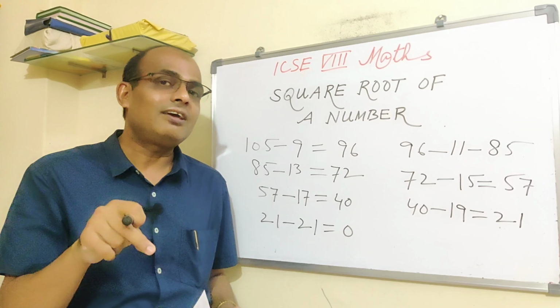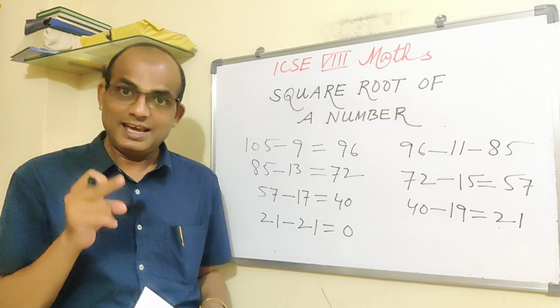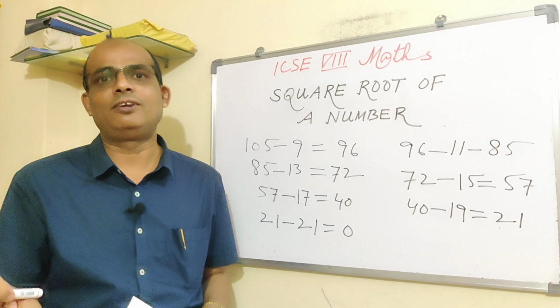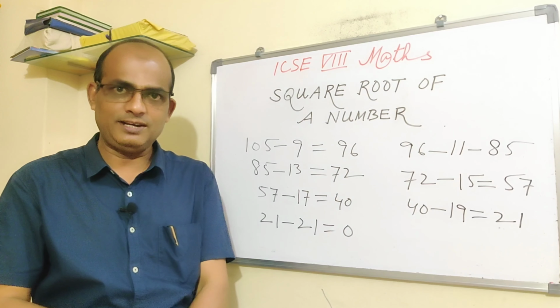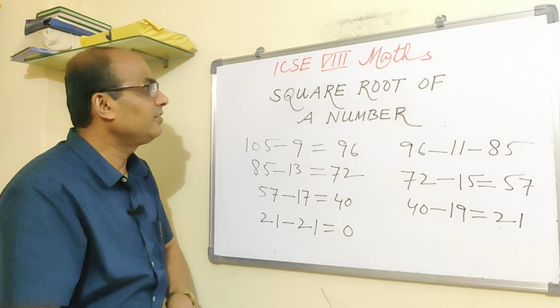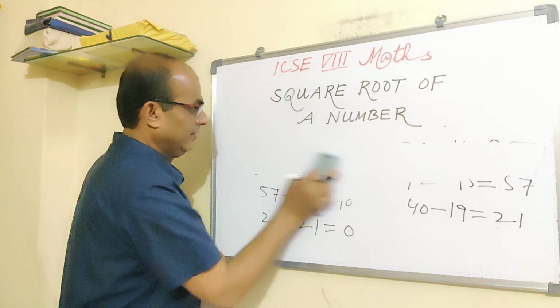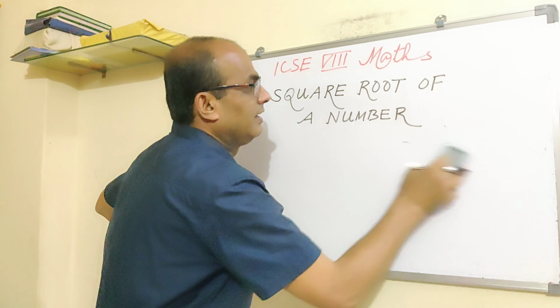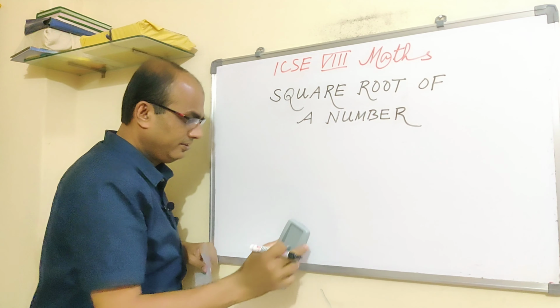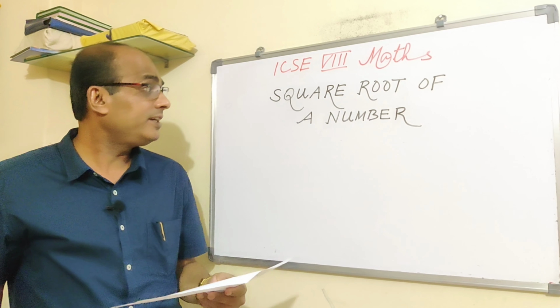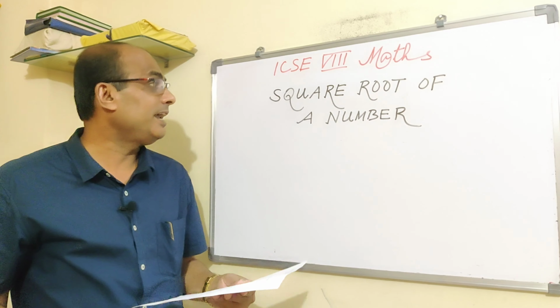So two things are getting cleared. First, because we are getting 0, it is a perfect square number, and after that the square root of 121 is 11, because we are subtracting 11 times. Okay, so after this we'll write down, please write down: we got 0. After repeated subtraction we get 0.